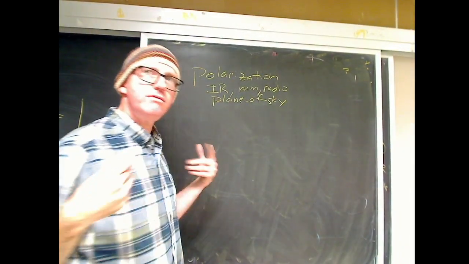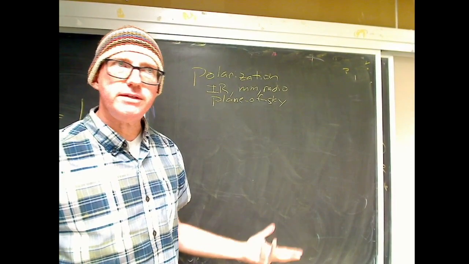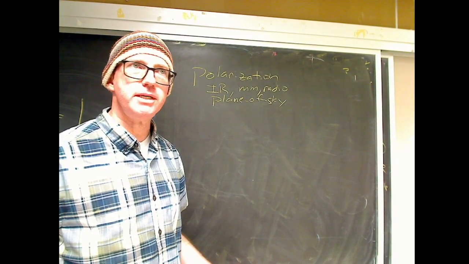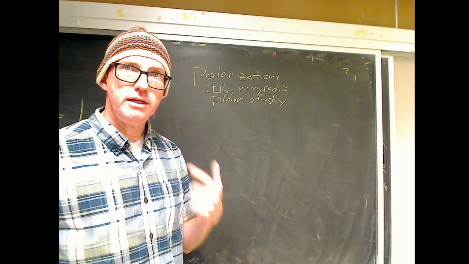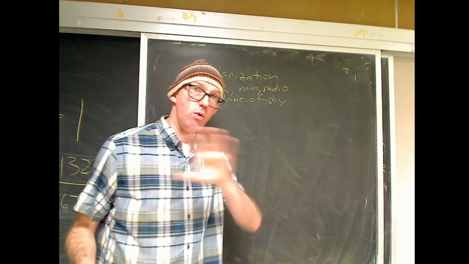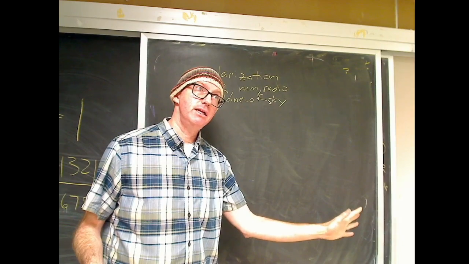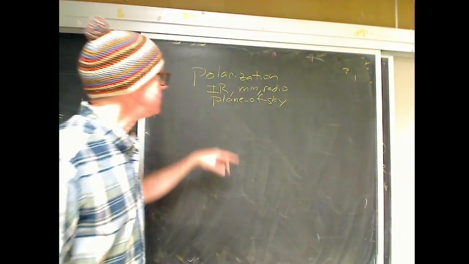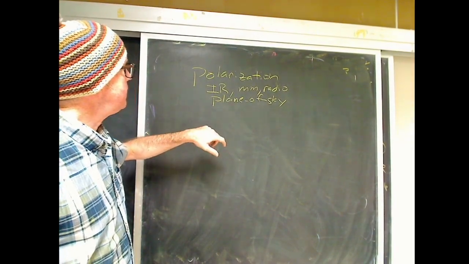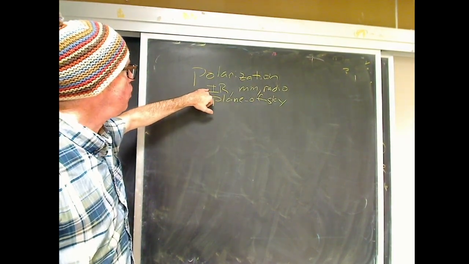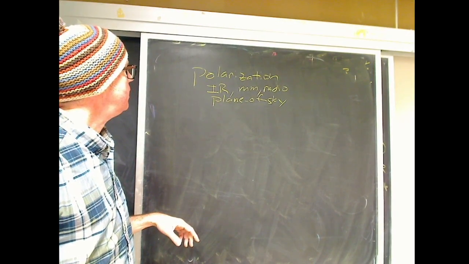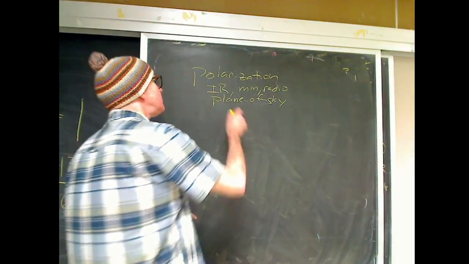So each one of these methods is only sensitive to one of the 2 components of the magnetic field. Either it's the component along the line of sight, or it's the component in the plane of the sky. So I'm going to separate those 2. I'm just going to make a list of these techniques and notate that. I'm going to write down where they're all used and what components they're good for.